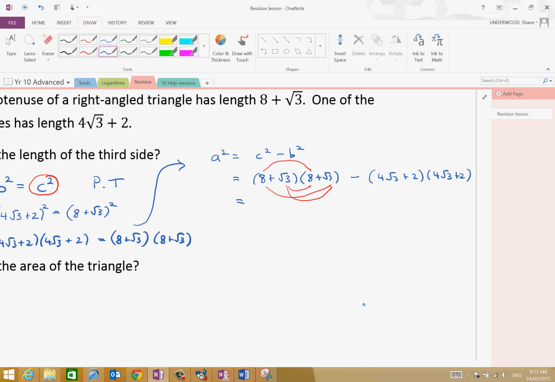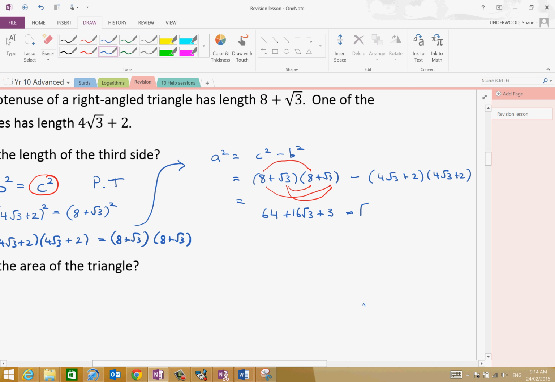Okay, so 8 times 8 is 64. 8 times root 3 is 8 root 3, but we've got another 8 root 3. So how many root 3s do we have? 16 root 3 plus root 3 times root 3. Be careful. It's 3. It's not 9. Now, we've got a negative symbol out the front.